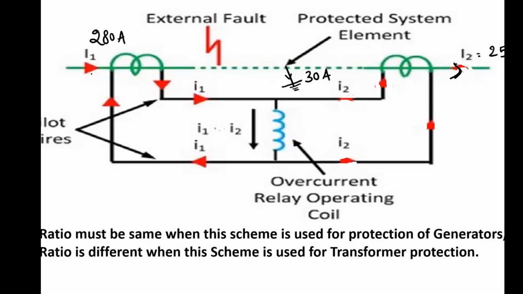Current I1 is 280 ampere. Now my pickup current is 0.2 ampere. CT ratio is 100 by 1 ampere. Now tell me whether the relay will trip or not. That is my question.